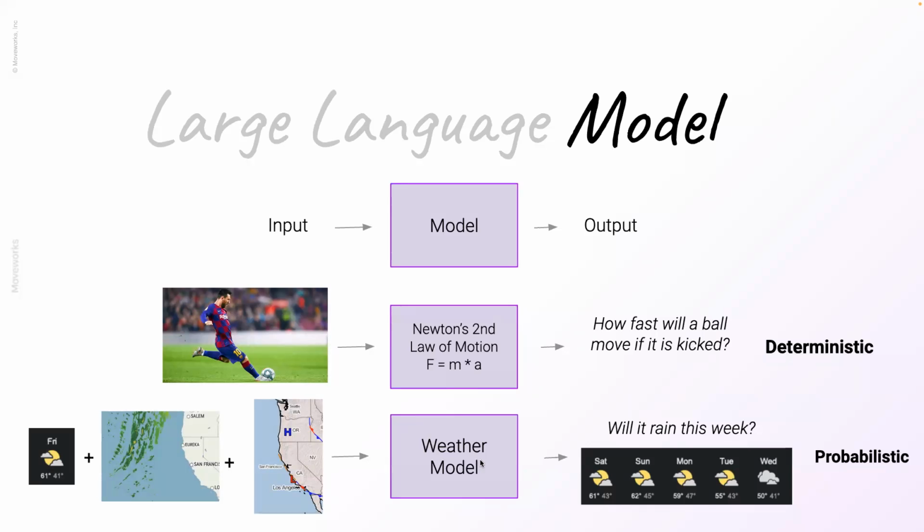A weather model takes in a bunch of different features, such as temperature on a given day, cloud readings, the cold fronts and warm fronts and so on, to answer the question, will it rain this week? And we output predictions about what the temperatures will be, what the weather will be, and so on. This is a probabilistic model where the prediction is not guaranteed, but we can do our best to guess what it will be with some degree of uncertainty.